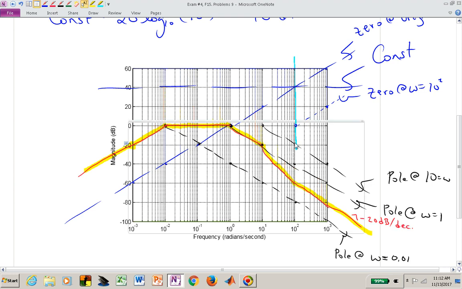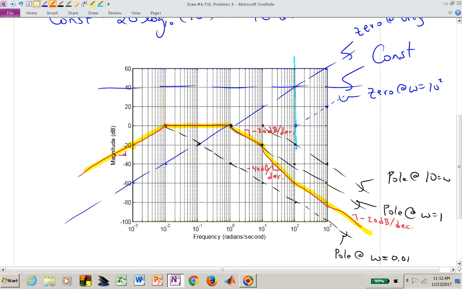So beyond that, I have a slope of minus 20 dB per decade. Before that, I actually am sloping at minus 40 dB per decade. Between 1 and 10, I'm sloping at minus 20 dB per decade. And before that, I'm flat at 0 dB.